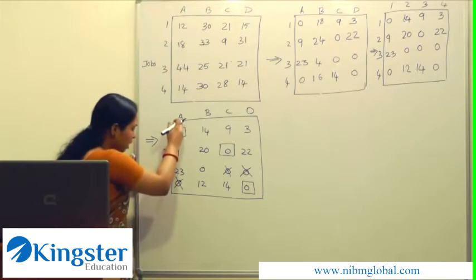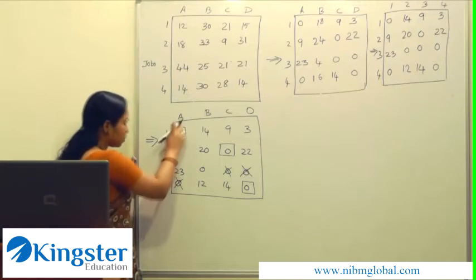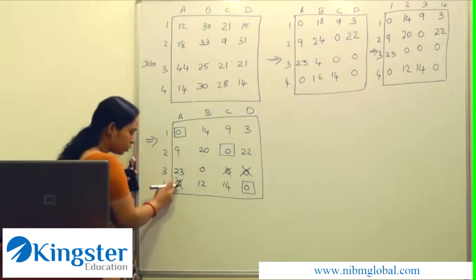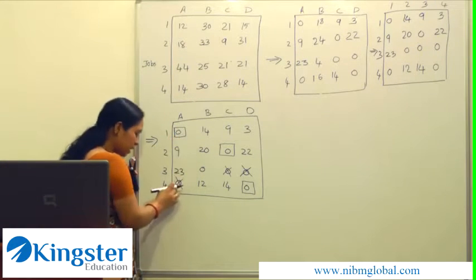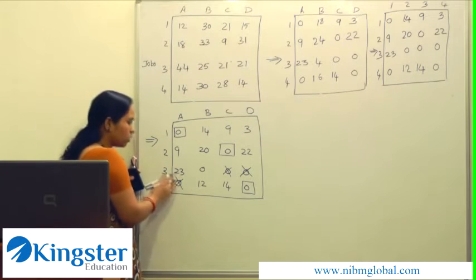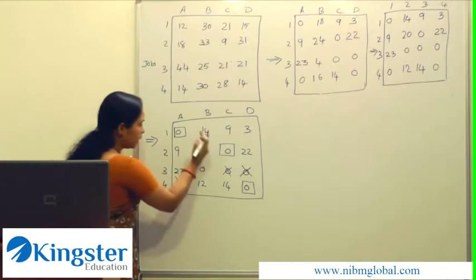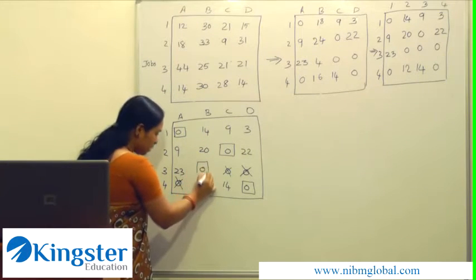Consider columns having a single 0. Now consider the first column A. Here we have 2 zeros, but the first 0 is assigned and the last 0 is crossed out. So we have no zeros left in the first column. Move to the next column. We have a single 0 here, so we can give an assignment here.